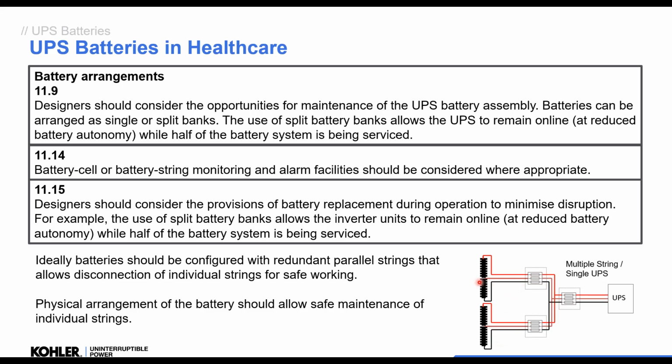So we're looking at parallel strings of batteries. So if one battery was to fail, we've still got the other battery in line. But if we want to be able to maintain it, that has to be physically arranged where it's safe to work on one battery string at a time and isolate the one string at a time as necessary.